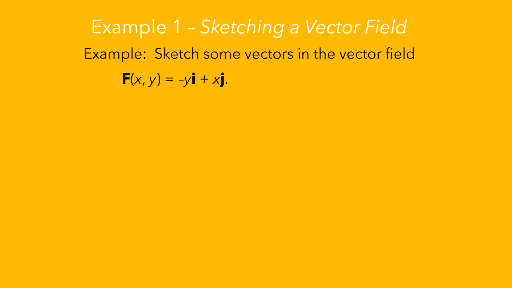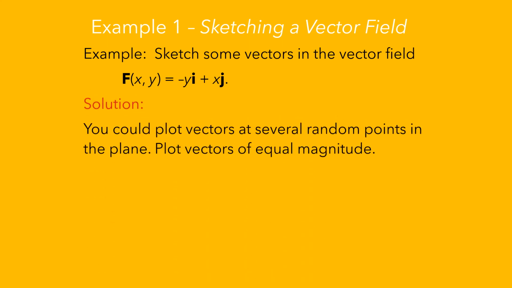Let us see how to sketch a vector field. Suppose a vector field f is given by negative yi plus xj, and if we are interested in finding the gradient vectors for this vector field, we have to first of all project this on a level surface.